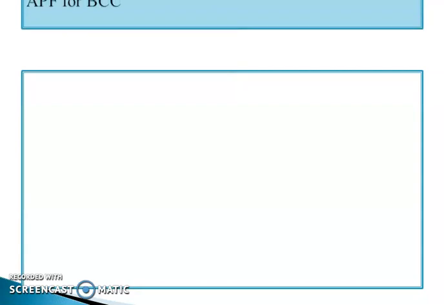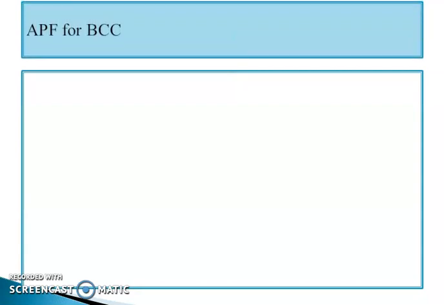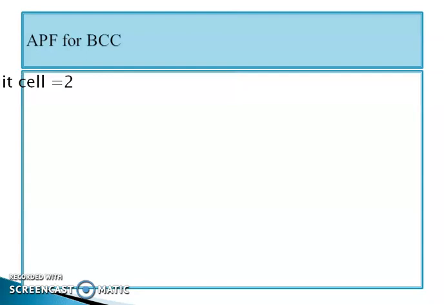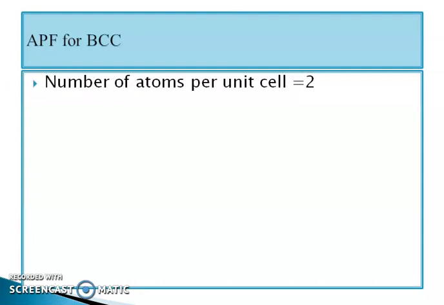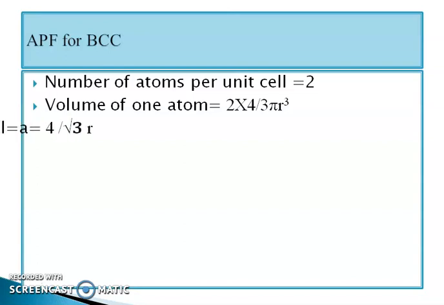In the same way, we will see the atomic packing fraction for body-centered cubic structure. In this case, the number of atoms per unit cell are 2. Therefore, volume of atom is equal to 2 into 4/3 pi r cube.